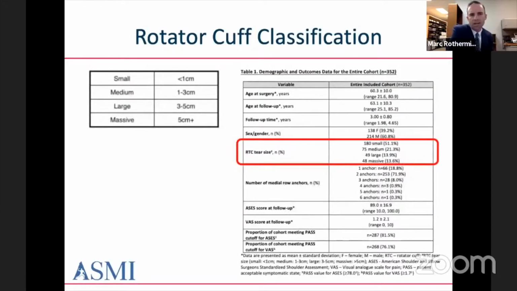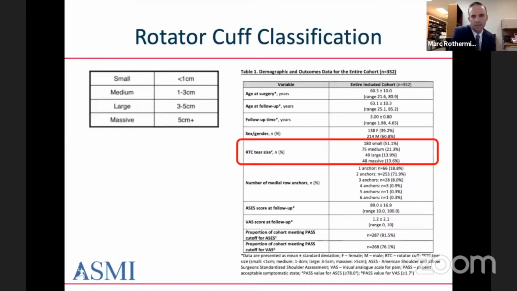In terms of the size, the importance here is really the consistency, to be able to consistently describe tears by size. And the goal for this really in terms of the research setting is to be consistent. This is a study that is not in press yet. We're currently working on a study that looks at a large registry of rotator cuff tears that have been operated on here in our practice.